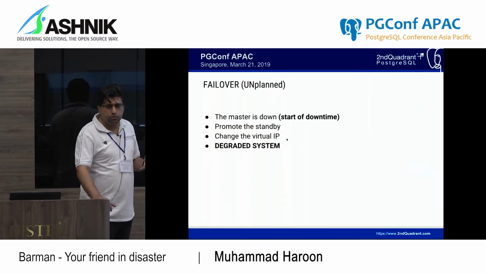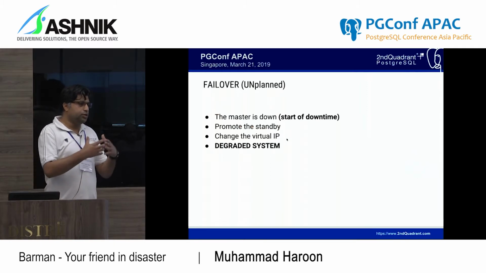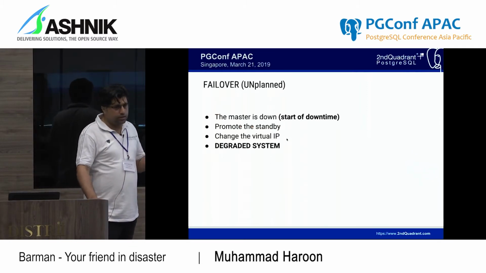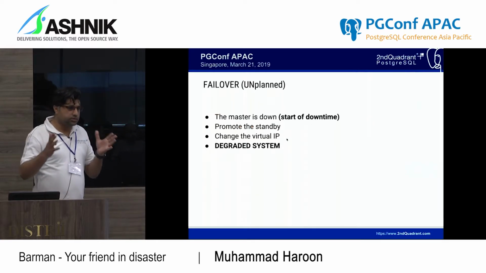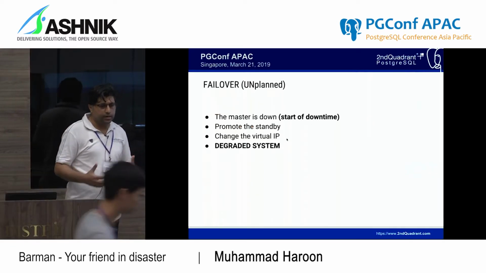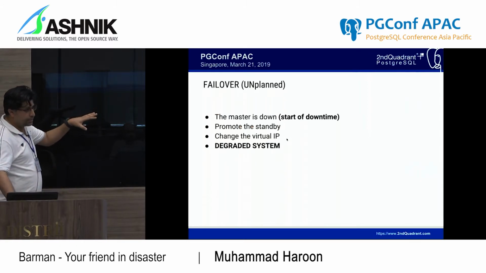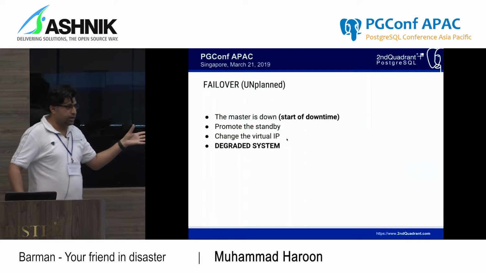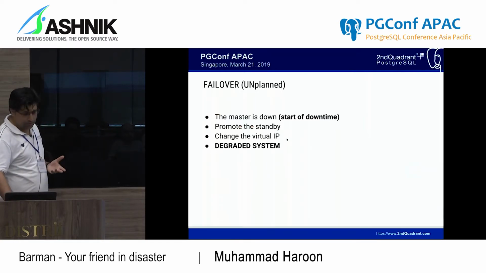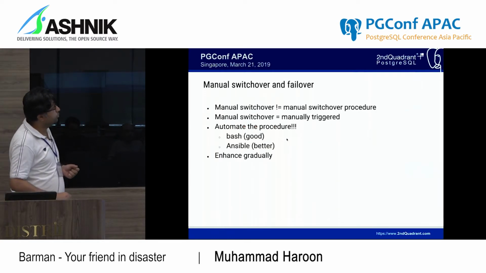You are down to reduced capacity, where you either have one server or two servers or whatever they are, but your cluster capacity is now downgraded. In this particular case, you are still up with one of these standbys as your new primary, so your applications can keep running, although in a degraded mode.